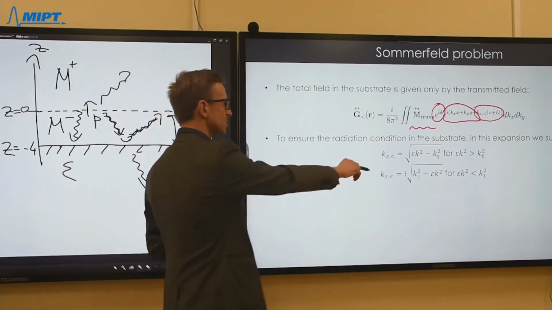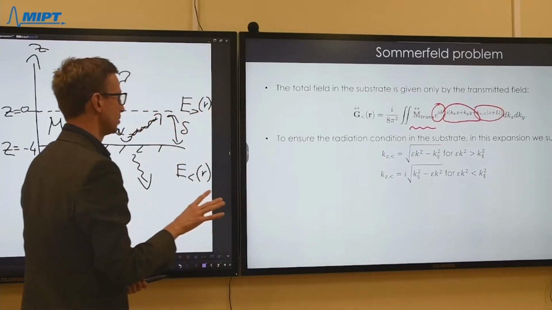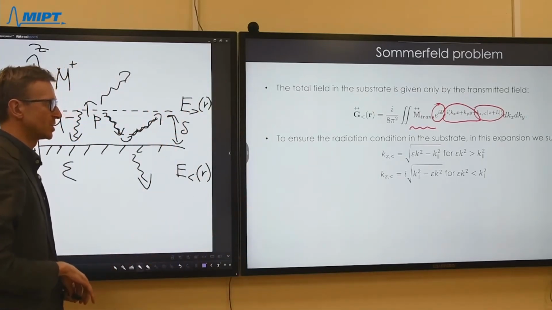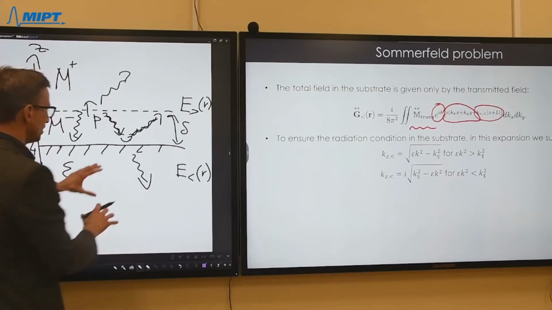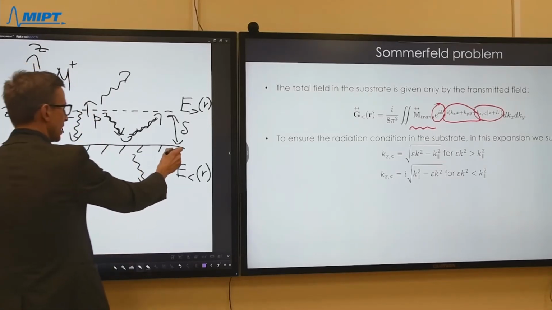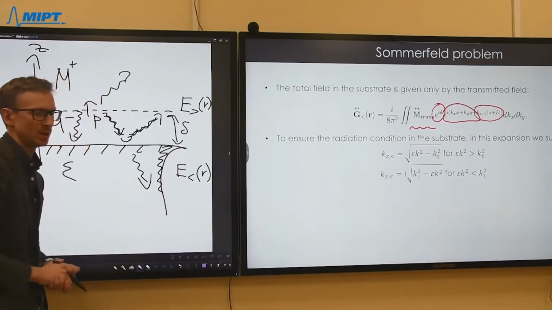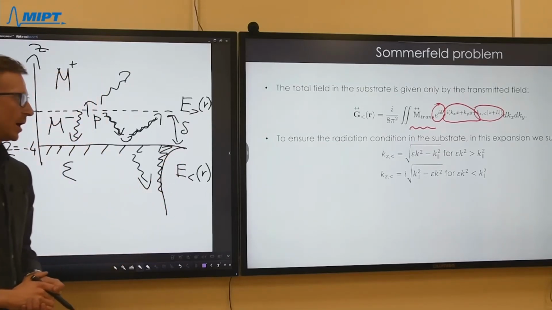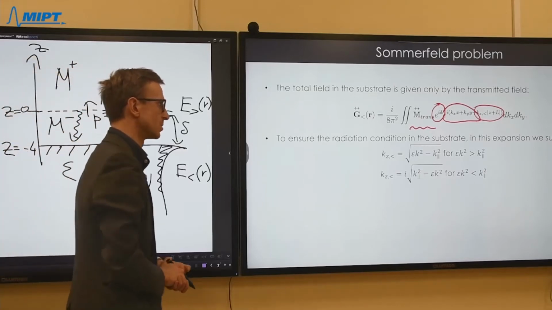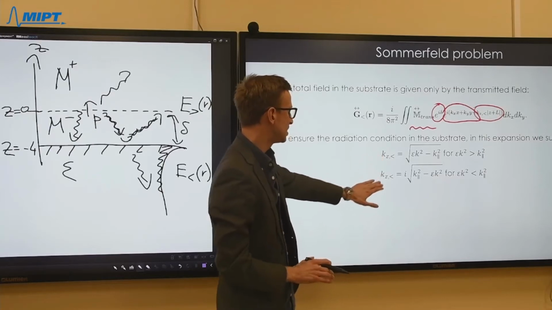And these rules are chosen in this way in order to satisfy the radiation condition. In other words, that these waves carry radiation into the substrate and they decay exponentially into the substrate. Otherwise, we would obtain an unphysical solution. And so this is how we choose Kz in the substrate.